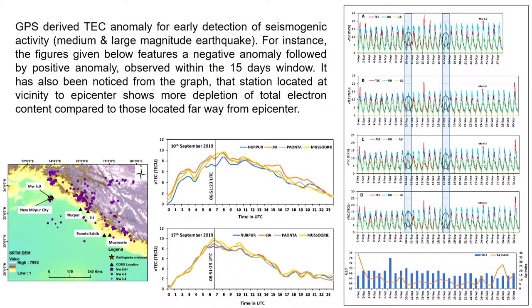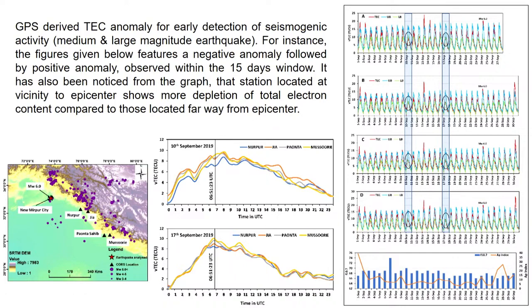When there is seismogenic activity, and an earthquake is about to occur, they release positive holes when the rock is getting overstressed. Due to the potential difference, they go into the ionosphere and deplete the electrons in the neighboring region, and due to this depletion your GPS signal is coming faster through that region, and we get more negative anomaly.